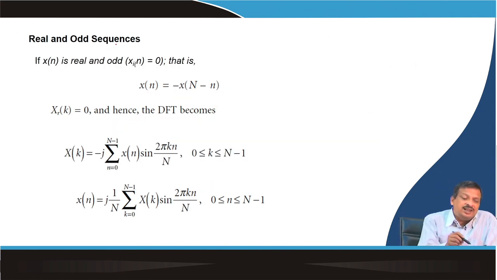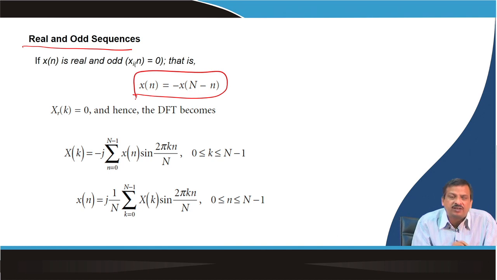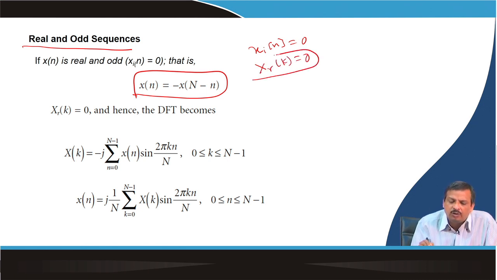Now the sequence is real and odd. Odd sequence means x of minus n is equal to minus x of n. So this is the condition for an odd sequence. If it is real and odd, then small x of in is equal to 0 and X of rk is equal to 0. Because if it is an odd sequence, then X of rk will be 0.